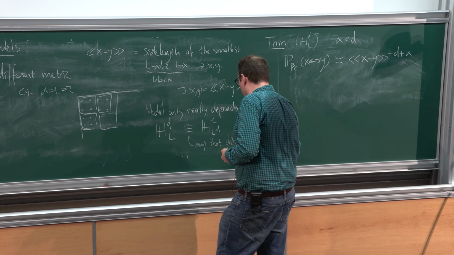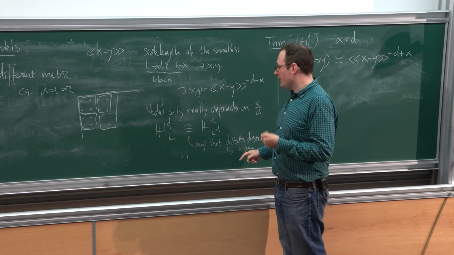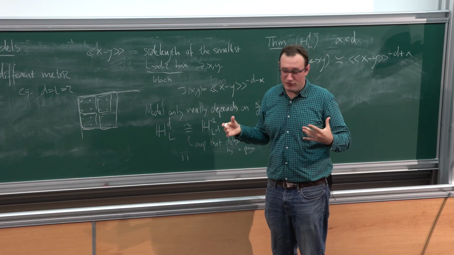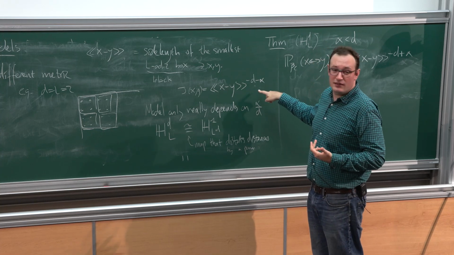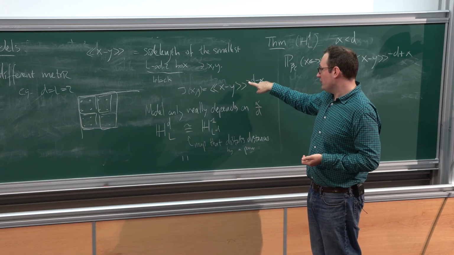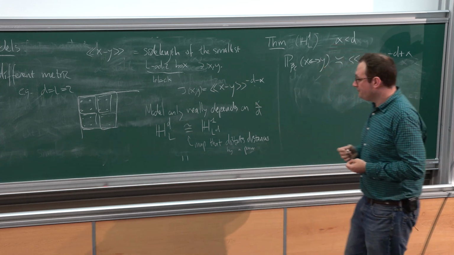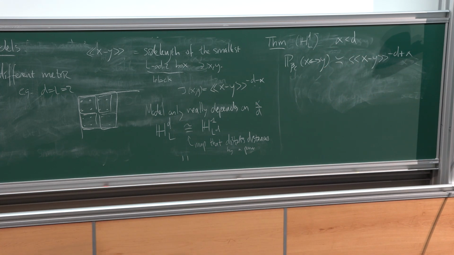So it's not exactly an isometry, but if you have the metric here and the metric here, they're the same, except you have to take a power of the metric, and that just transforms this kernel into the kernel with exponent -1 minus alpha over d.